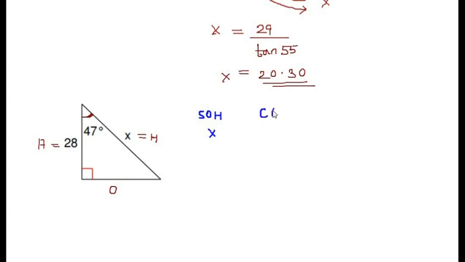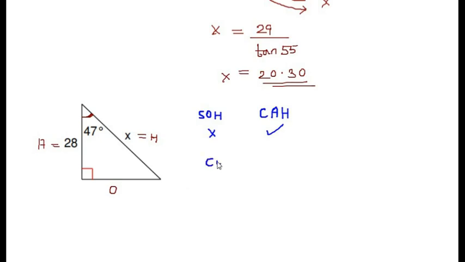Let us check with CA, that is the cos. So if we are using cos of 47, we need the adjacent, which we have with us, and we need to find the hypotenuse, which is the missing side. So since we have only one missing variable here, we can use the cos.